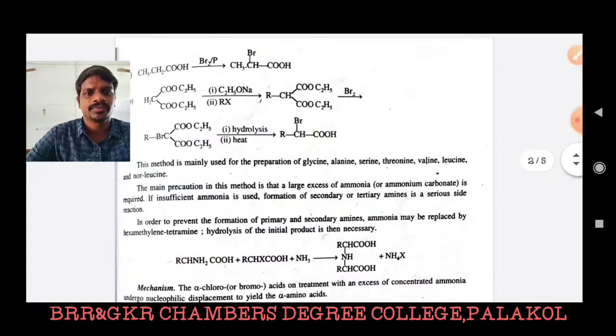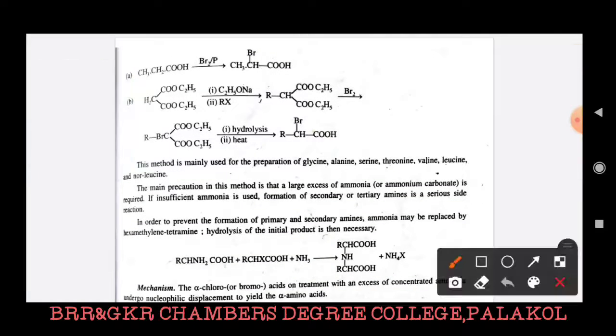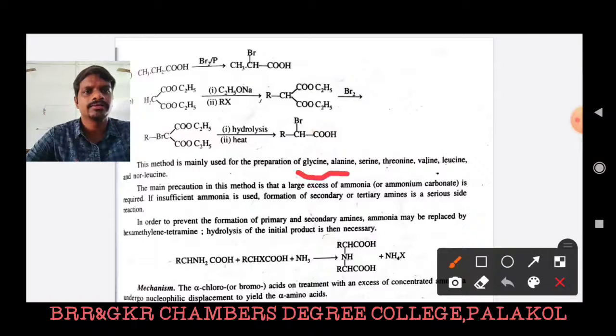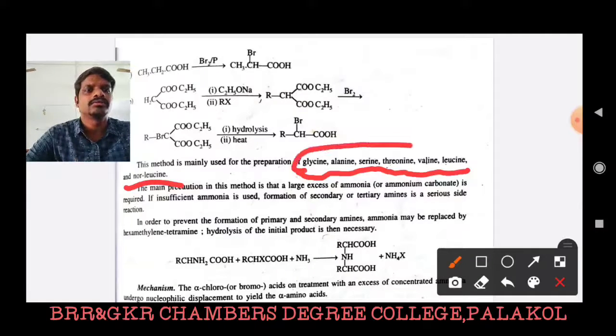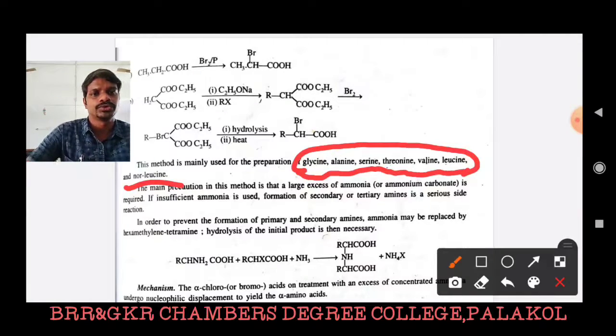Students, by using this method, we mainly prepare glycine, alanine, serine, threonine, valine, leucine and norleucine. So these are the amino acids you can produce by using this method.